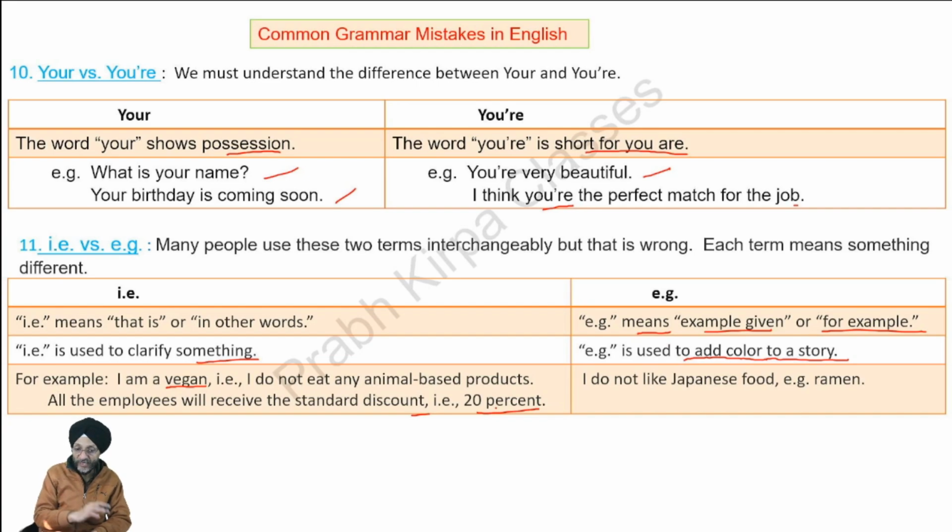Here we are clarifying the extent of discount which will be given to all the employees. In case of "for example," I do not like Japanese food, for example, ramen. Here we are giving the example of a Japanese food which we do not like.